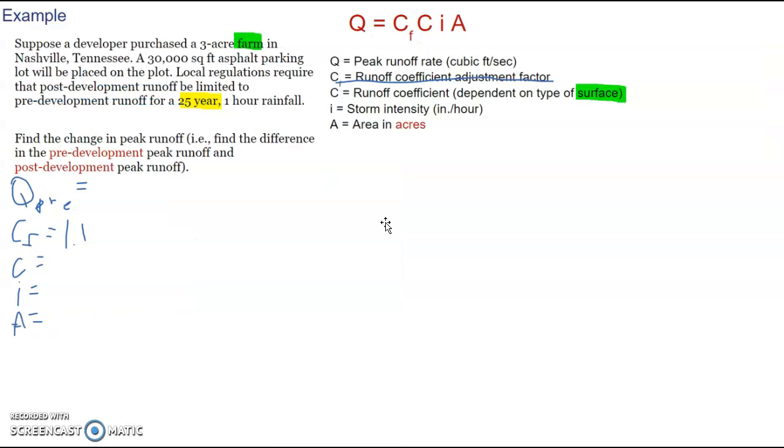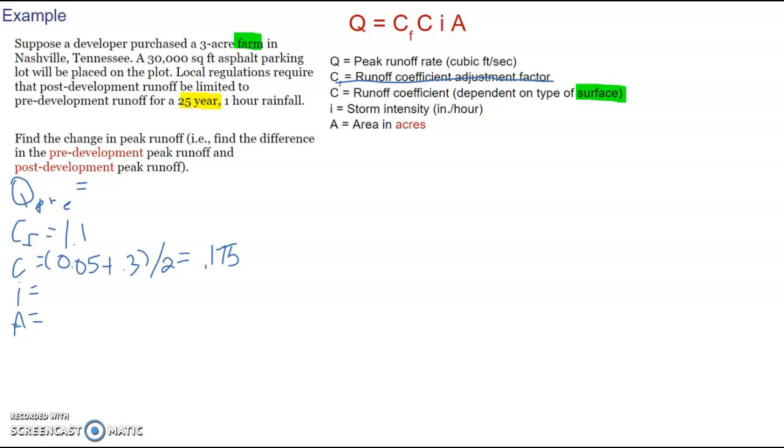So when we go to calculate that, we've got to take the average of those two numbers. So that's 0.05 plus 0.3, and then I'm going to divide by 2 because I'm looking for the average, and that calculates to 0.175. Both of those are coefficients, so they have no units.